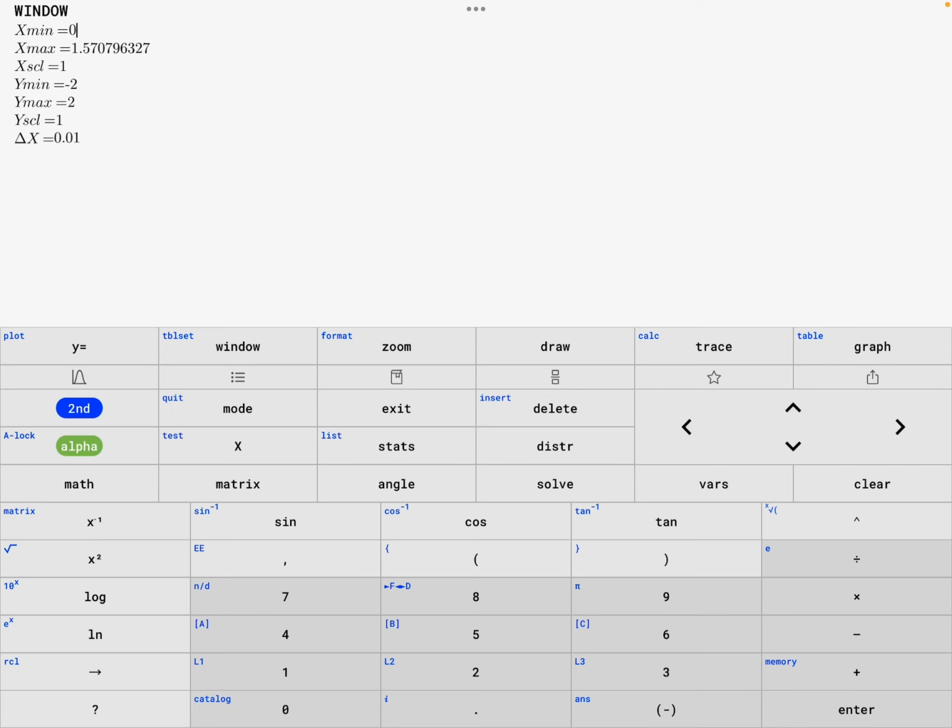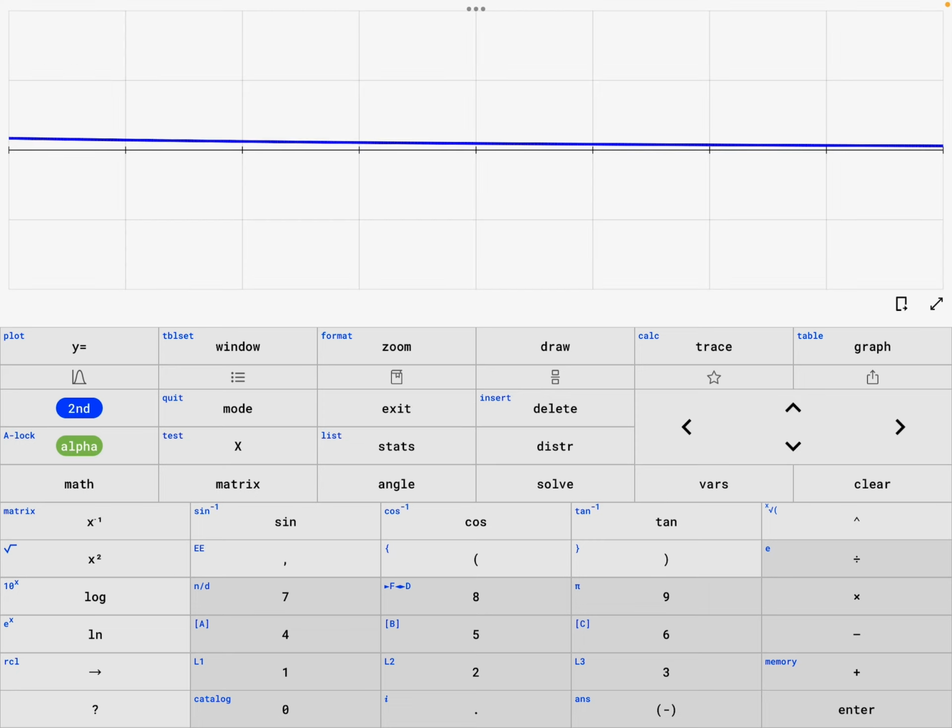Let me adjust my window. I'm going to change this to be 12 to 20, since that's the interval we're interested in, and I think I can keep my min and max there. Let's give it a shot.